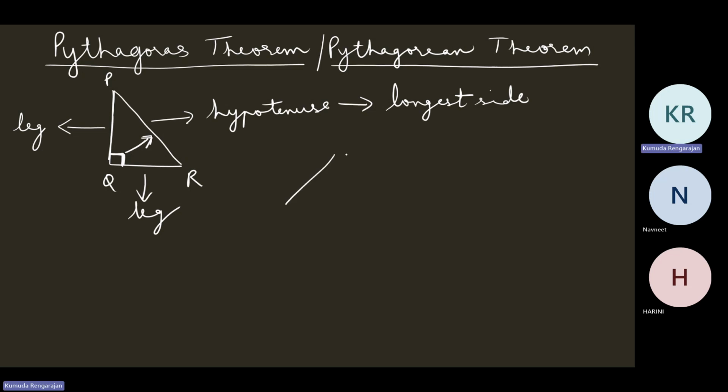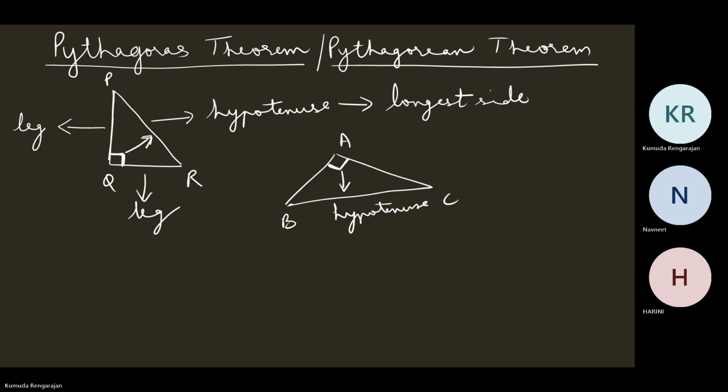Now consider this triangle ABC. It's right angled here. The measure of this angle is 90 degrees. So ABC is a right triangle, right angled at A. So the side opposite to the right angle, BC, is the hypotenuse.